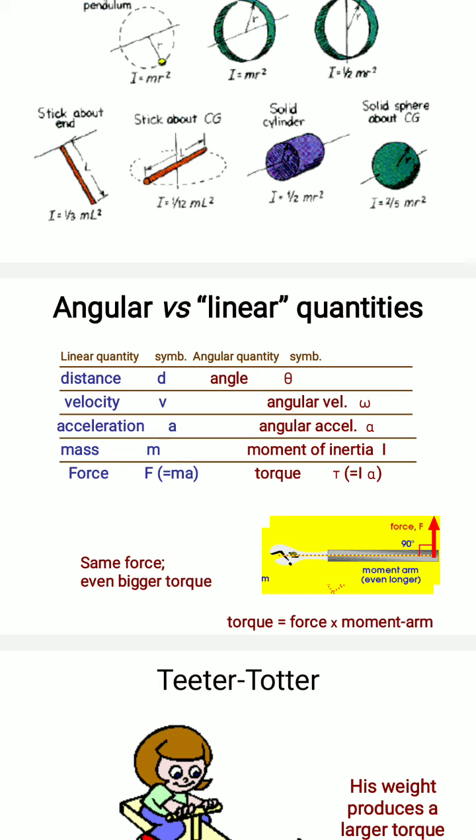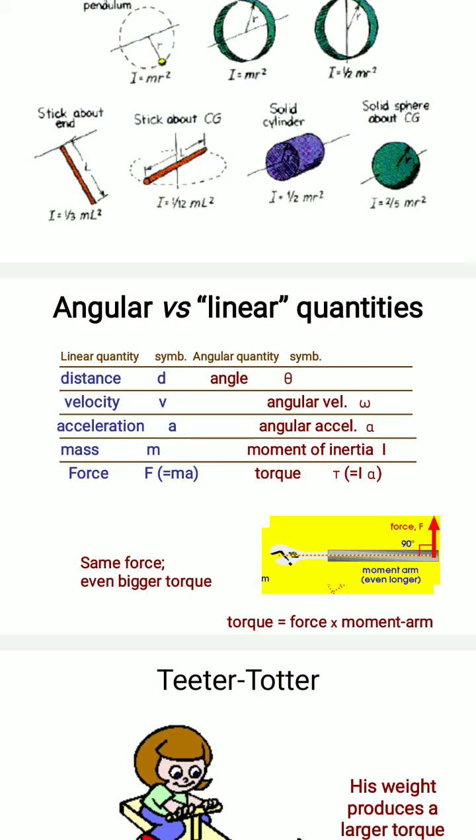When you have linear motion, you will have distance moved that will be measured. In angular motion, what you will be measuring is the angle. So for distance, the corresponding quantity in angular motion is angle.